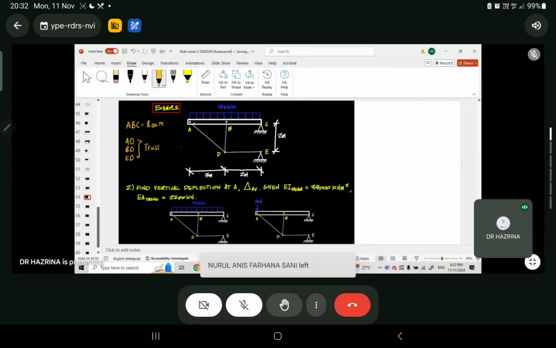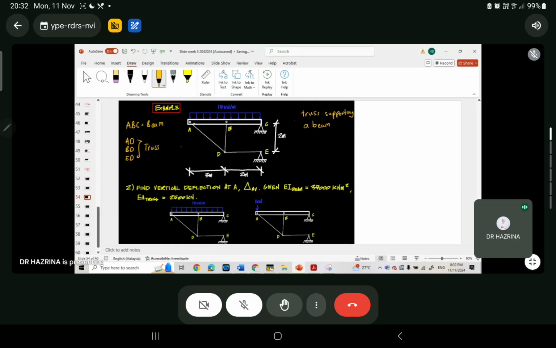So in this particular example, what we can see is it is a truss supporting a beam. Okay, you ada truss support a beam. So this is the what we call it the example.